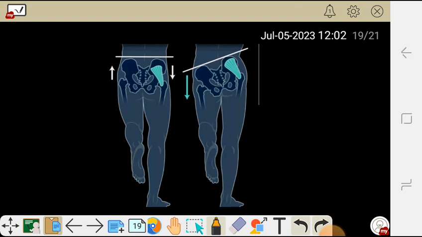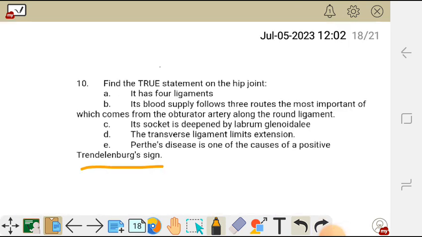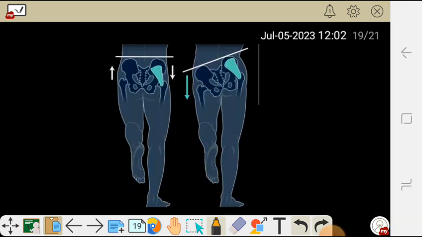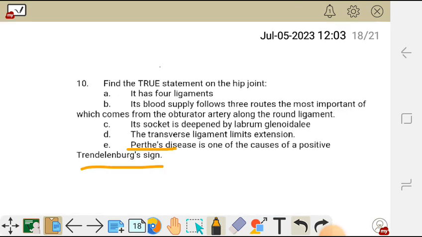Now in Trendelenburg sign, what will happen is that when you are being supported by one limb, that line there is going to drop to the other side due to weakness in this joint here, which is caused by Perthes disease.